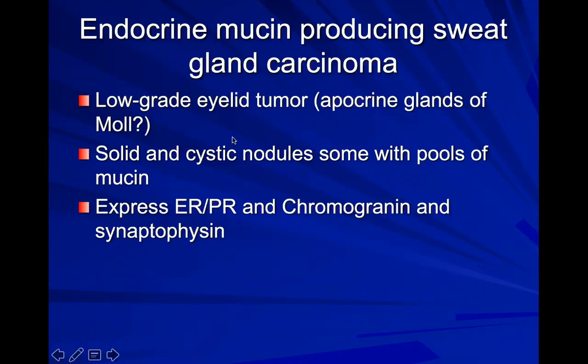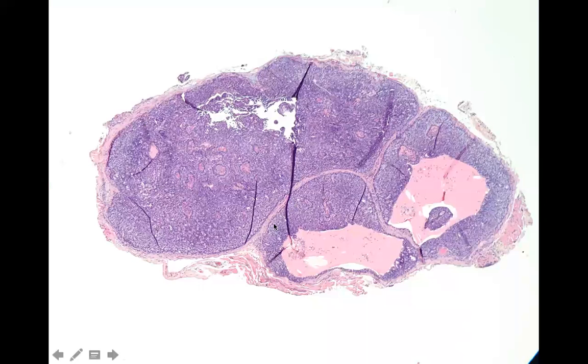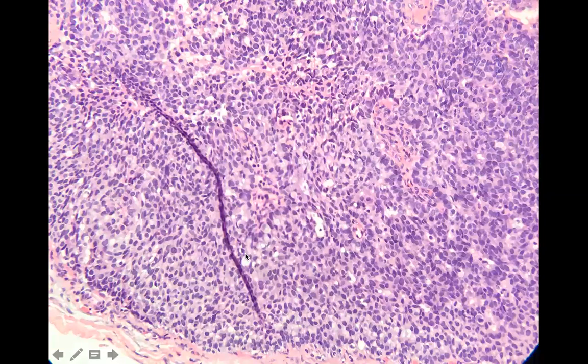The reason they're kind of special is because they can express hormones such as ER, PR, chromogranin, synaptophysin, and they can be solid or cystic, and they sort of recapitulate breast tumors, but near the eyelid. So here's one that has these large cystic areas. They can also be sitting in pools of mucin, which breast tumors can also be, and the staining pattern can be similar.